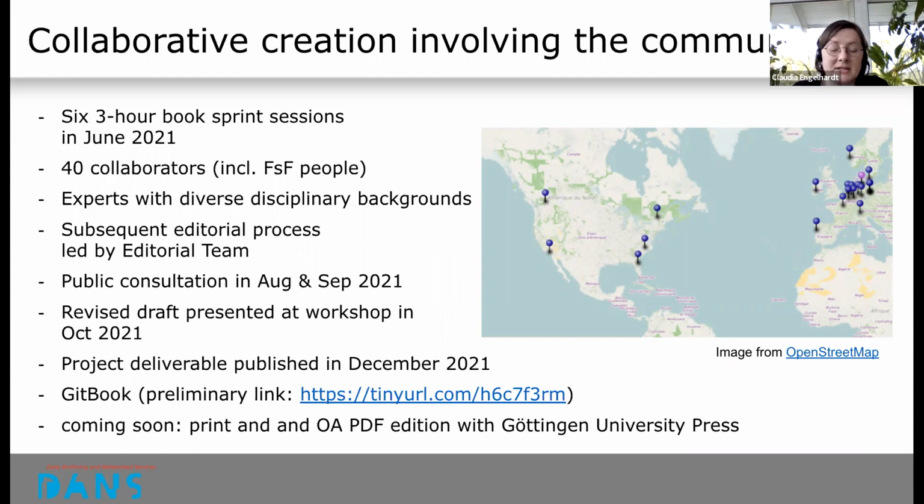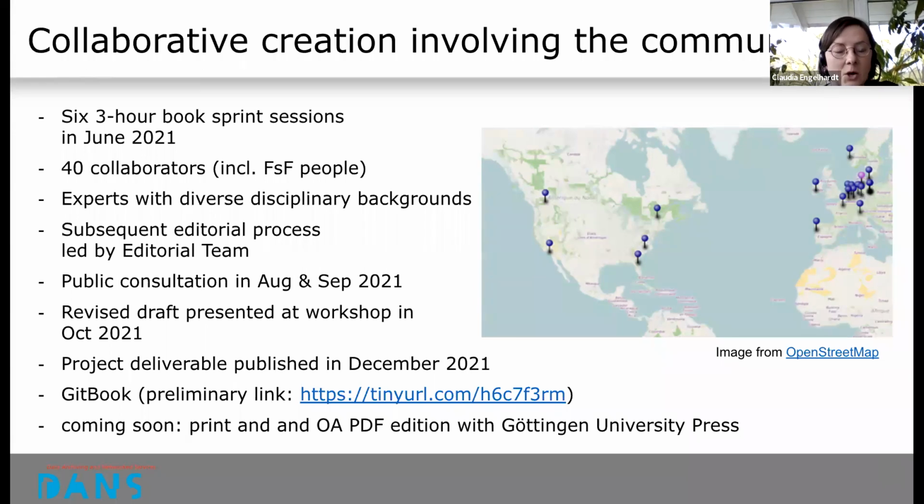There was a subsequent editorial process. There was a public consultation then in August and September, where we got a lot of feedback from the community, which we afterwards integrated, and the final version was published in December 2021 on Zenodo.